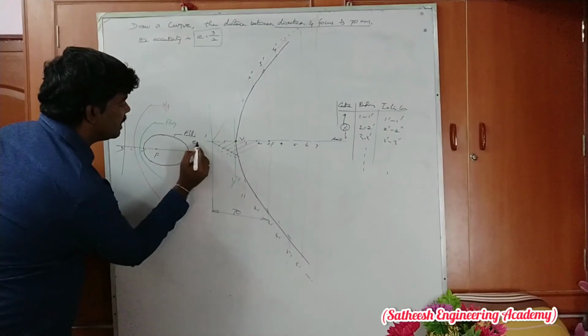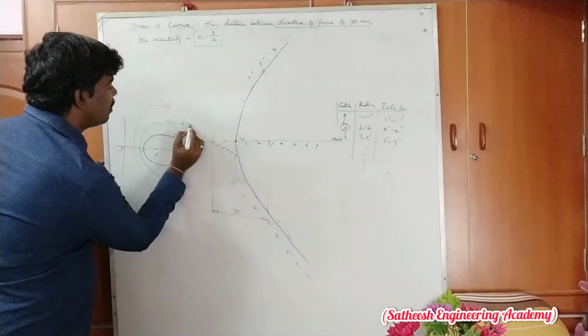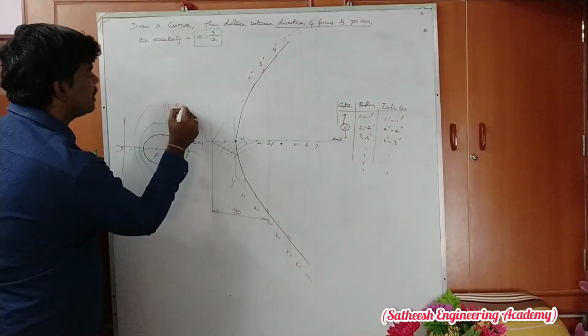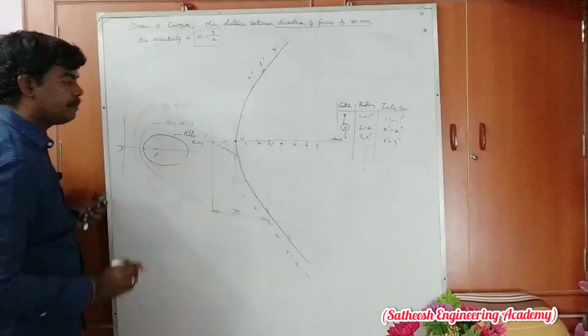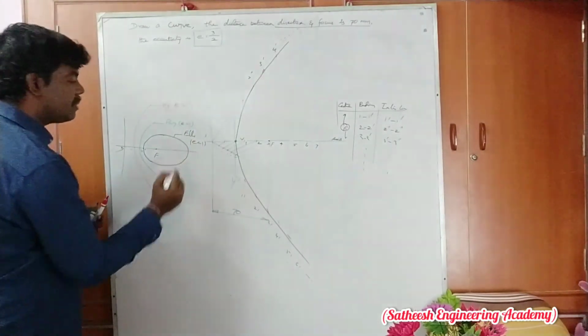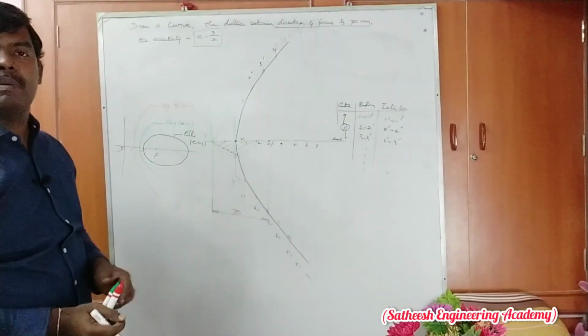Okay. So for ellipse, E is less than 1, parabola E equals 1, and hyperbola E is greater than 1. Clear? So this is the simple method of how to draw an ellipse, parabola, hyperbola.